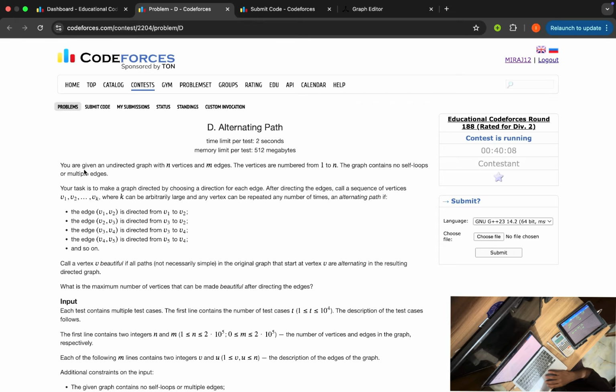Let me think. You are given an undirected graph. Vertices are numbered one to n. No self loop, no multi edge. Your task is to make the graph directed by choosing a direction for each edge.